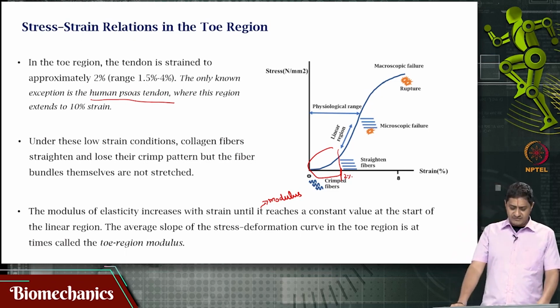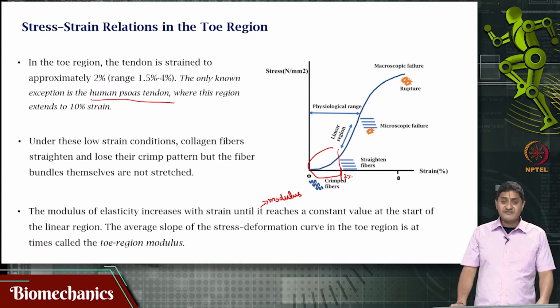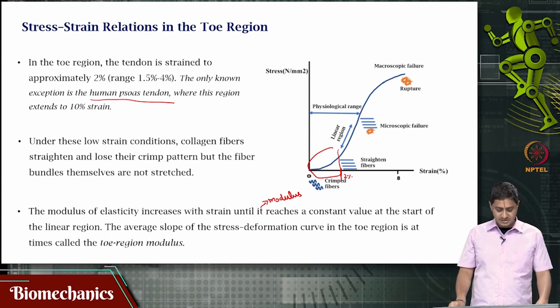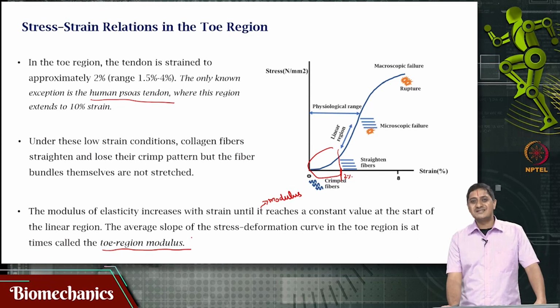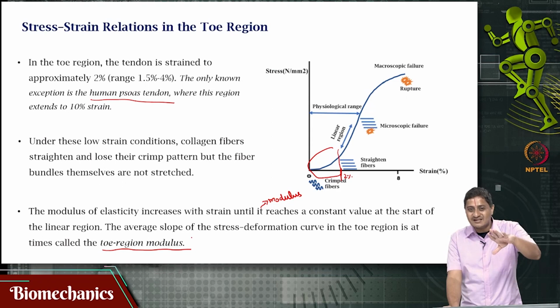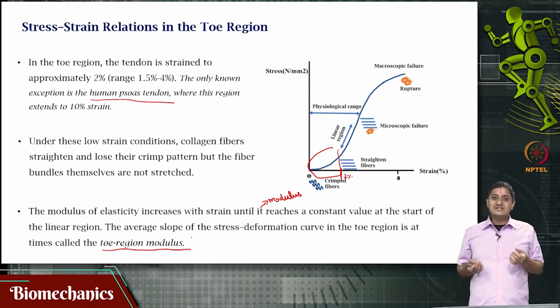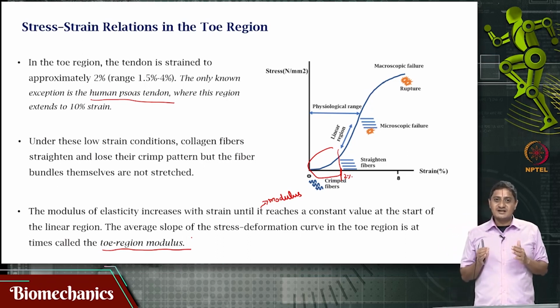So, if I try to find the average slope of the stress deformation curve in the toe region, in the nonlinear region, this is sometimes called the toe region modulus. Remember, the toe region modulus is not constant, it changes with deformation, but I can either find the average or median and then say that this is approximately the modulus in the toe region, but that is going to be a misrepresentation of the complex reality.